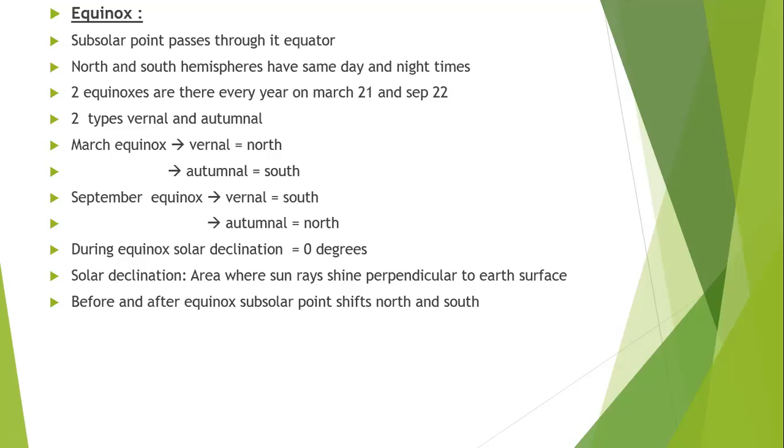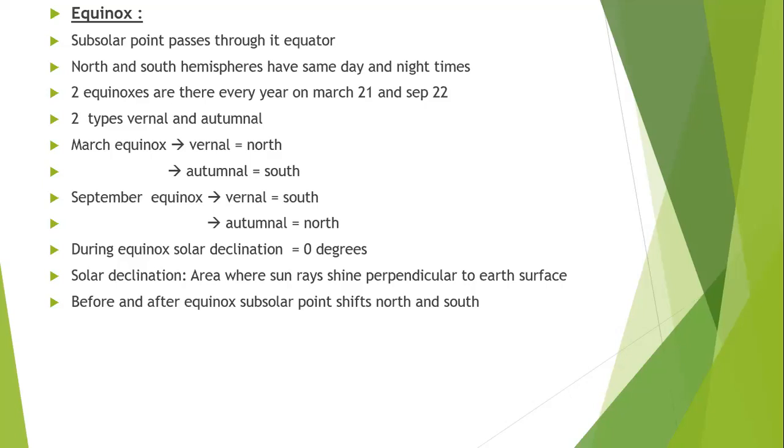Okay, so during these equinoxes, the solar declination is equal to 0 degrees. So what is the declination? Declination means it is the latitude of Earth when the sun is directly overhead at noon.